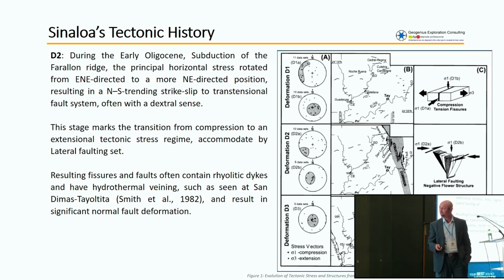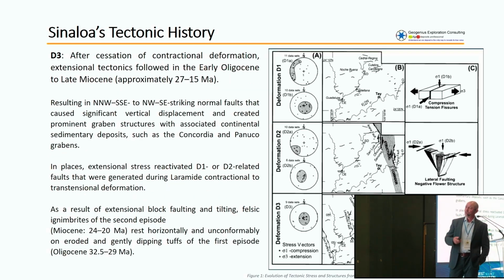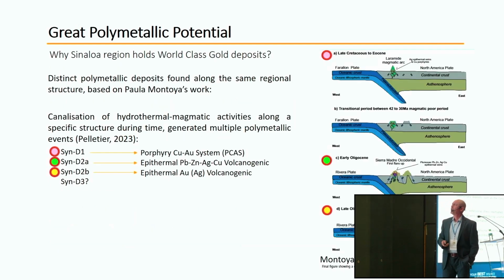I don't know. For D3, that's one of my specialties. Yes, we can form gold deposits in extensional regimes, especially with metamorphic core complexes. At the beginning, we start with hemigrabens, and at the end, if we have enough extension, we can make the metamorphic core complex. Once again, that's the work of Paula Montoya.